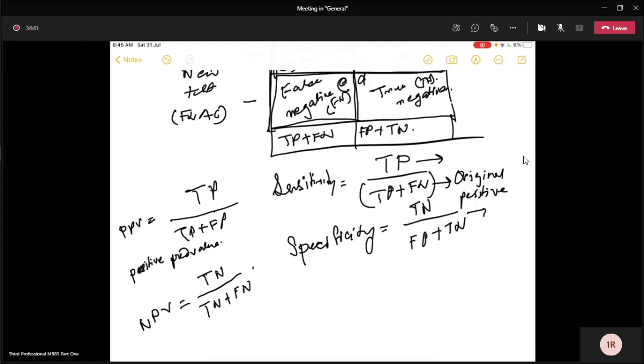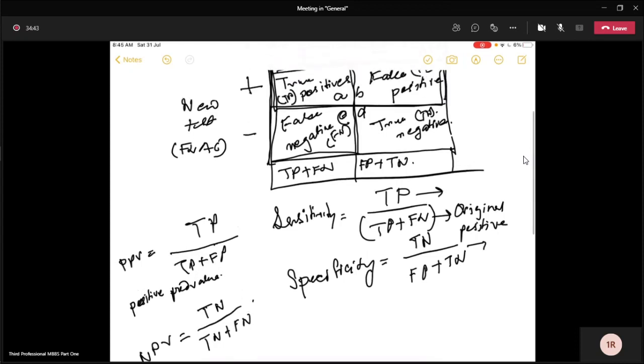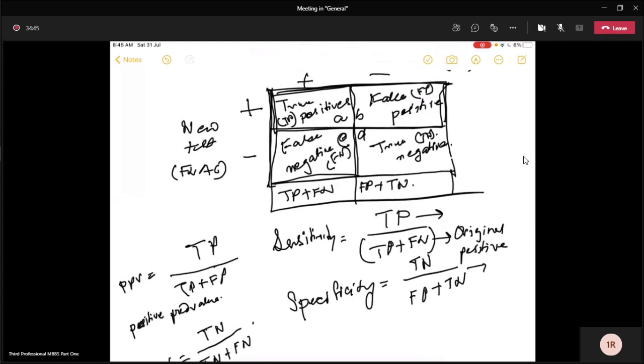So the thing to keep in mind here is that out of the actual positive cases, it has been able to diagnose them. If the test is positive, it will be along the row. If RAT is positive, it will be true positive plus false positive.